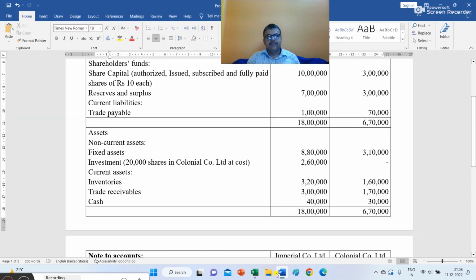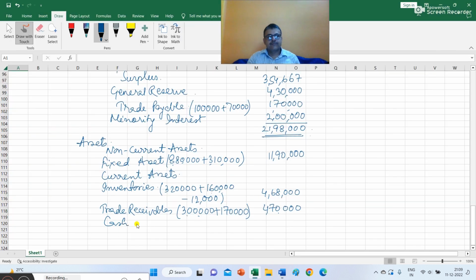And the last item is regarding the cash. So we have to add up the value of cash of 40,000 and 30,000 of both the companies. So cash, 40,000 plus 30,000 is 70,000. So total of the asset is also 21,98,000.